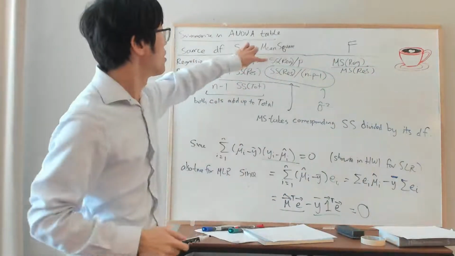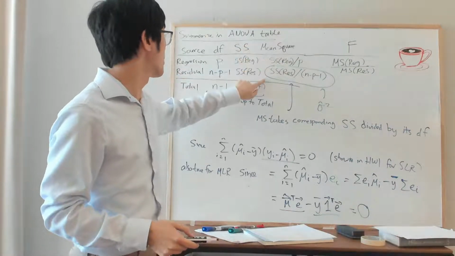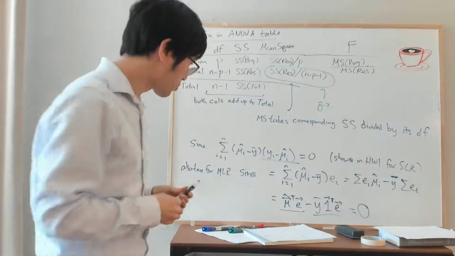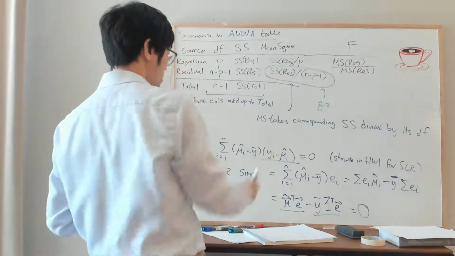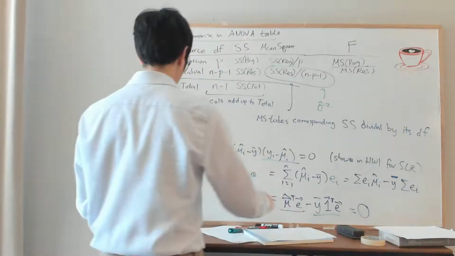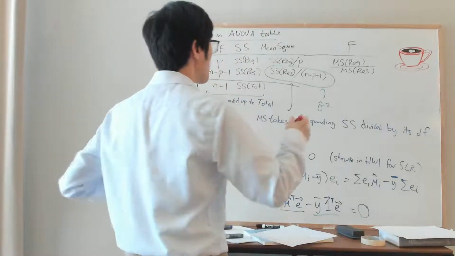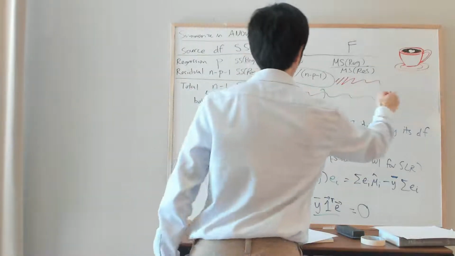So it's mean square regression divided by mean square residual. That's the so-called F statistic. So this is considered a complete ANOVA table. You don't need to fill in anything in this box, and you don't need to fill in anything here either.